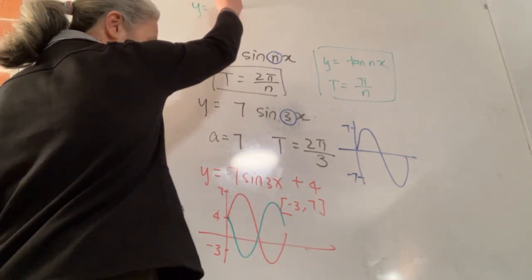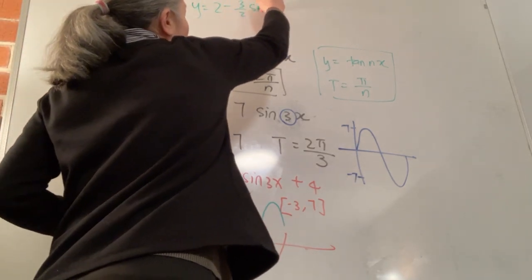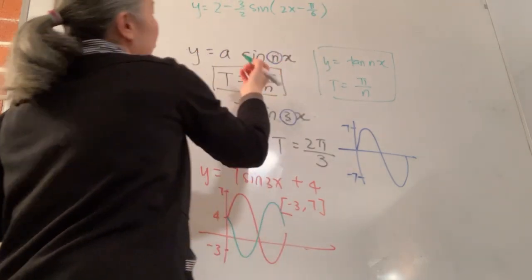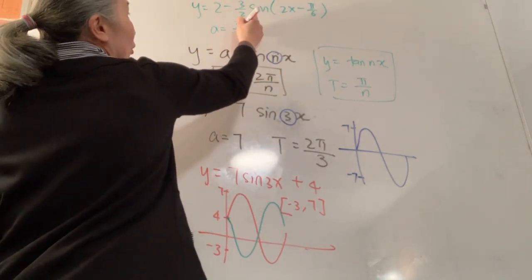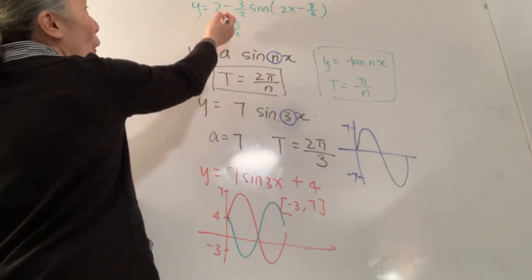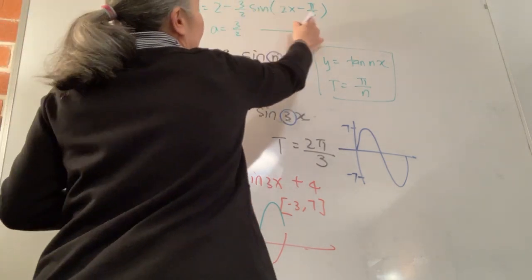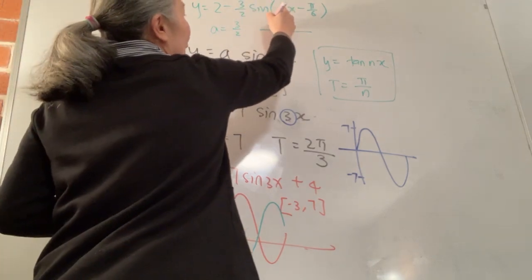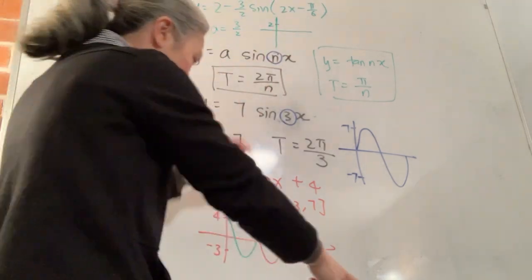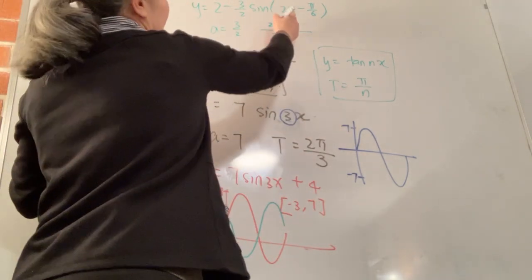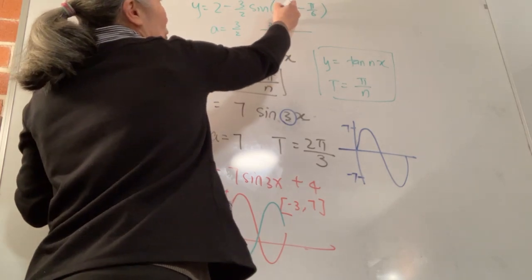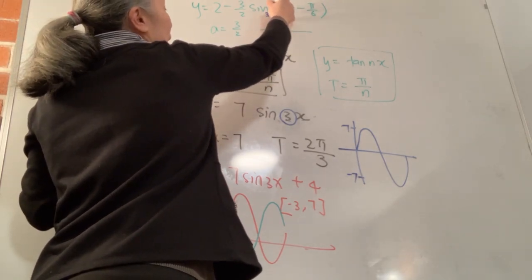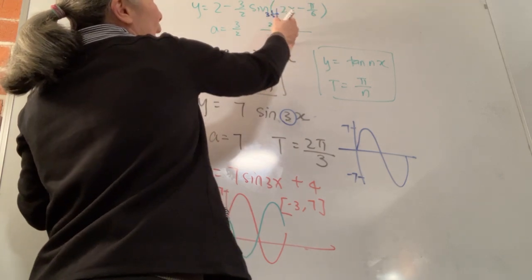So you have y equals to... Your amplitude is 3 on 2, and then you go negative. That means you shift it up by 2, right? So this is your 2, and then you go highest point by 3 on 2, so that means plus 1.5, which is 3.5, and go down by 1.5.